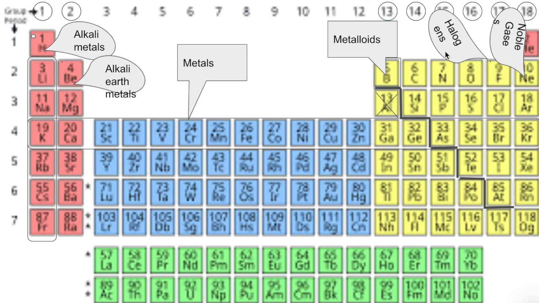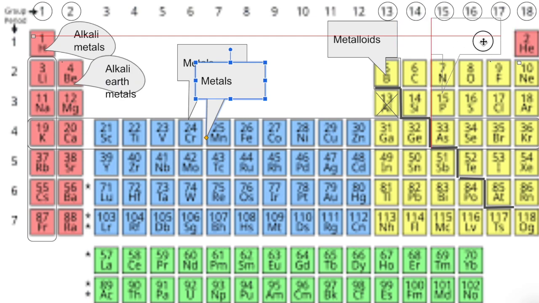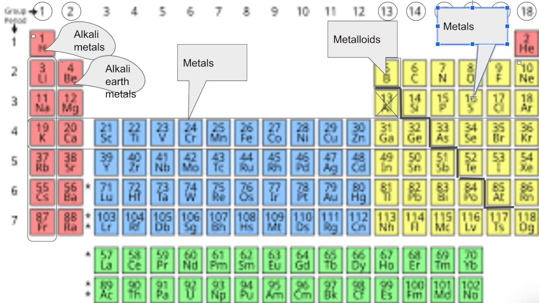Now metalloids, what they do is if they're combined with a metal, they take on the properties of a non-metal. And if they are mixed with a non-metal, they take on the properties of a metal. Now, what are non-metals? Non-metals is everything over here.